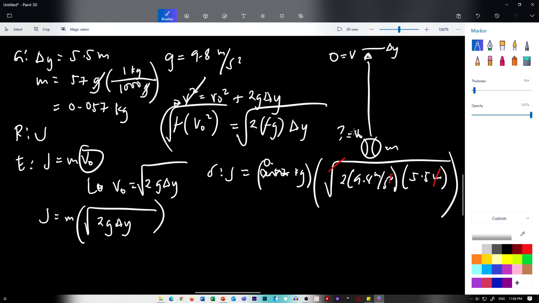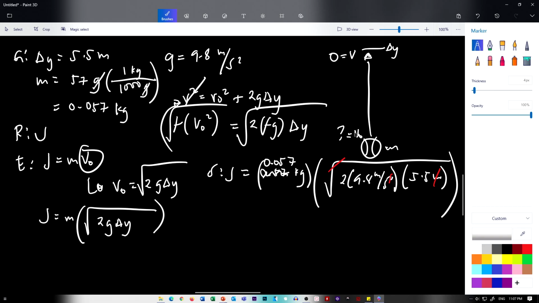So that's 0.057. Okay, so there. So 0.057 multiplied by the square root of 2 times 9.8 times 5.5. There, so what's our answer? There you go.